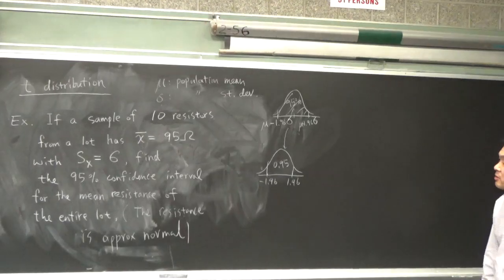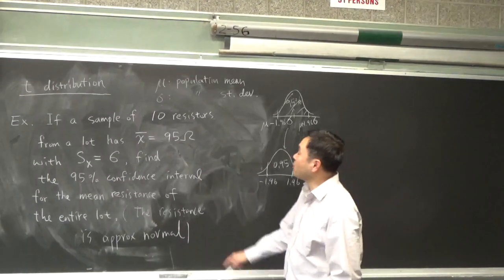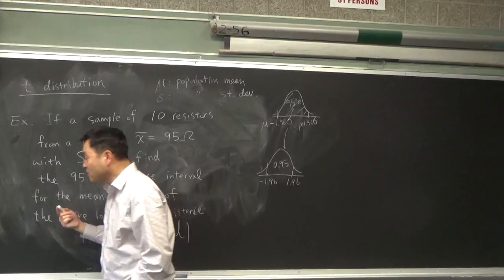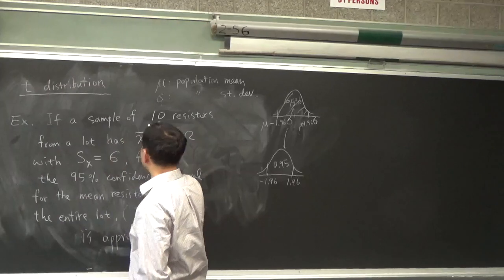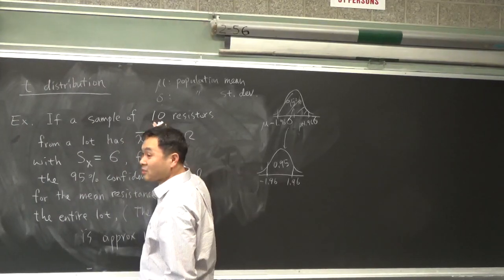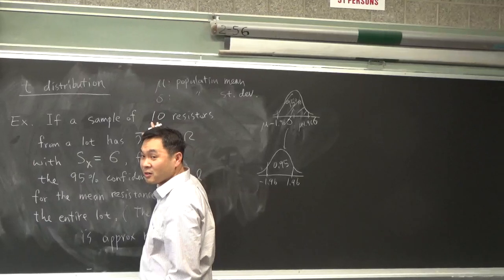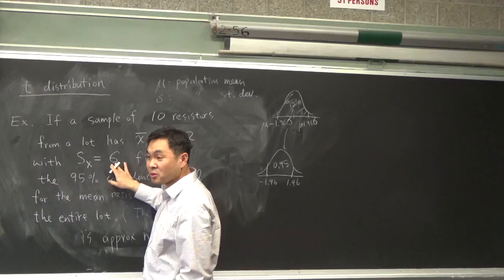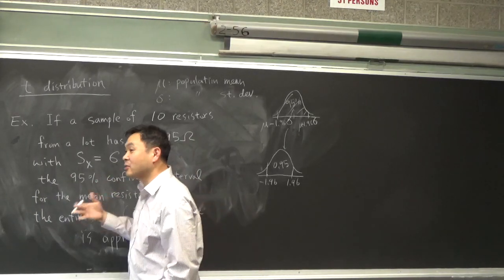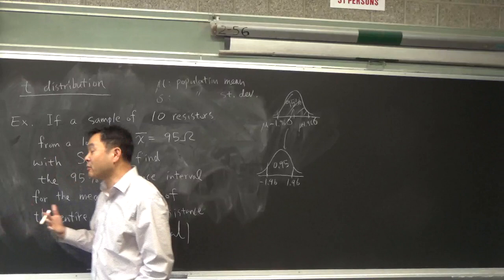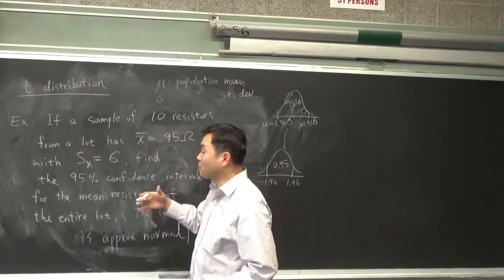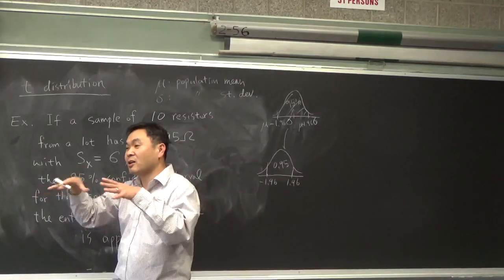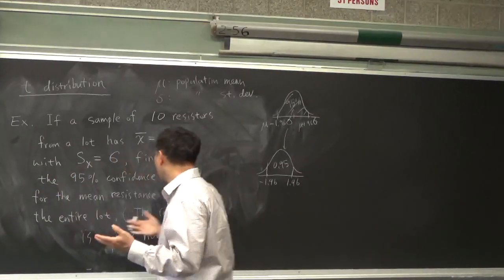On the other hand, if you have 10 resistors, you could easily guess that as the sample size gets bigger and bigger, the variance estimate will be closer to the true thing, so you get a narrower distribution, more like this one.